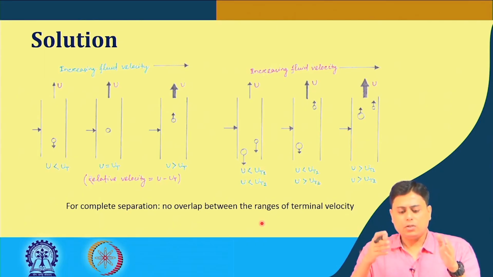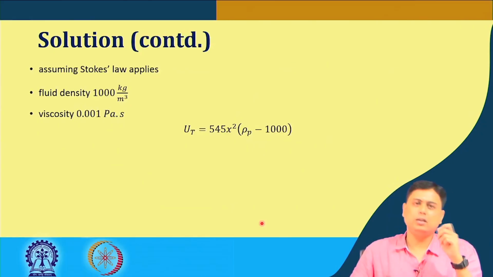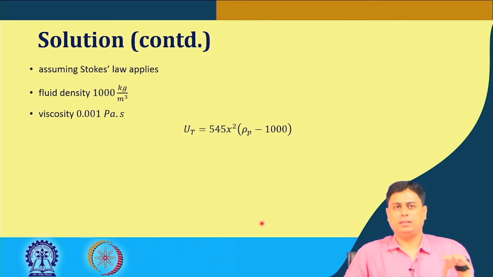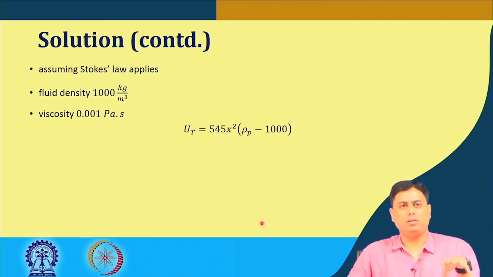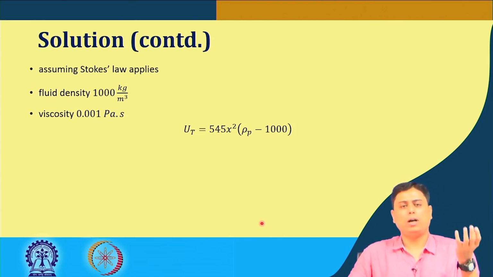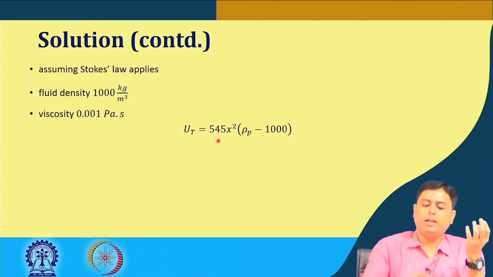So the bottom line is that we have to calculate the UT values by assuming at first that Stokes law applies. The fluid density we assume is that of water, since we have to show that by using water it is not possible to separate. For water, the typical values at ambient condition are 1000 kg per meter cube for density and 0.001 Pascal second for viscosity. Using these two values, we use them in the UT expression.